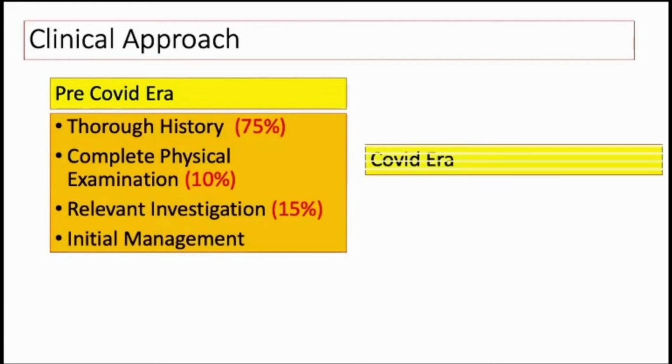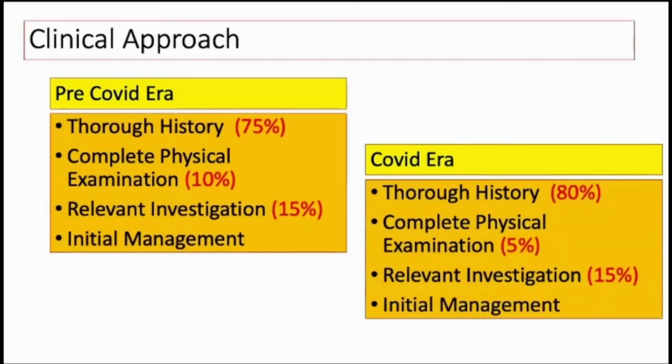But now, unfortunately, we are in a way disabled. We are unable to do a complete physical examination because our time of contact with our patient has always been limited, despite the fact that we have to use PPEs and take all the precautions.